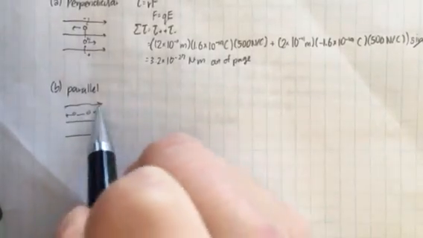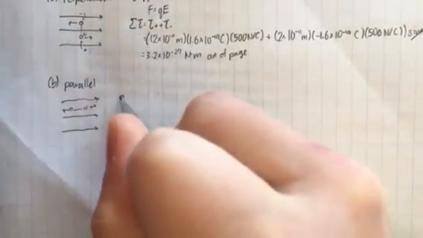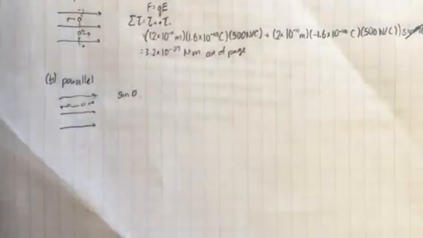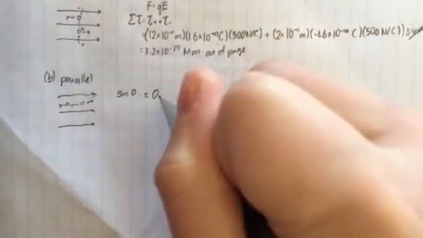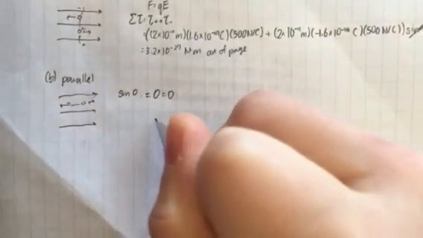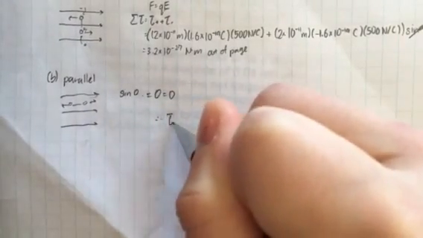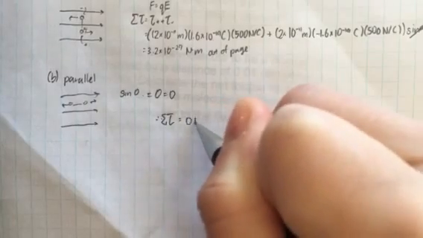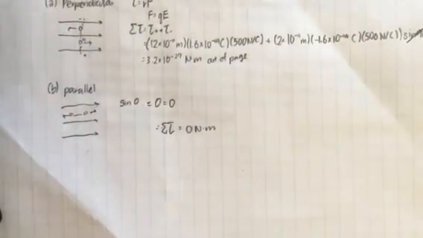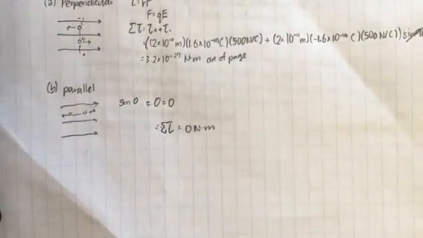But since it's parallel, the angle is going to be sine 0, which equals 0. So anything you multiply by 0 is still 0. Therefore, the net torque is 0 newton-meters. That was simple. Have fun.